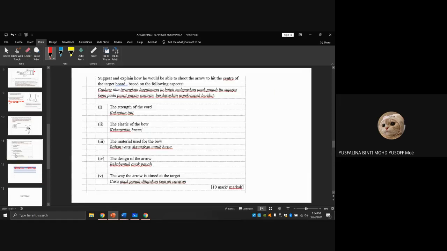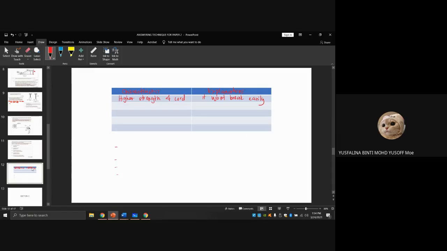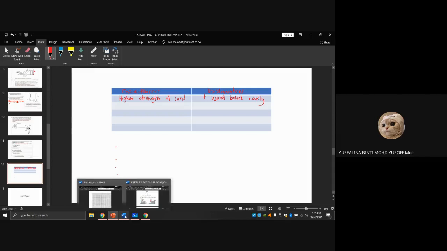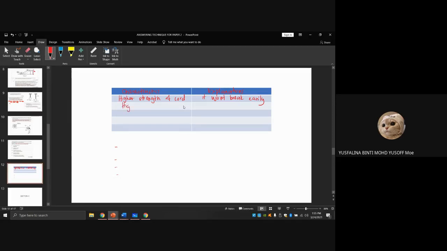Okay, next one: the elastic of the bow. So high elastic or low elastic? Yes, high. Why should it be high? High elastic of bow.